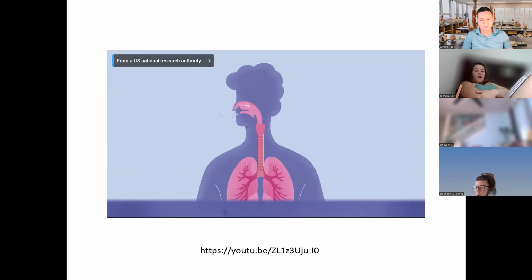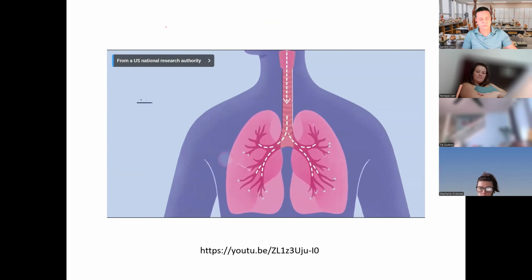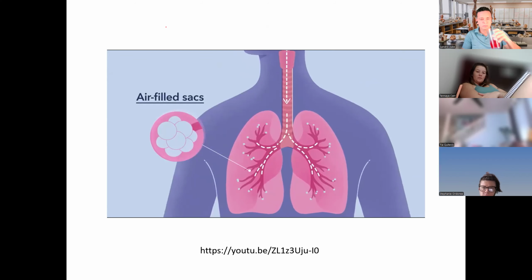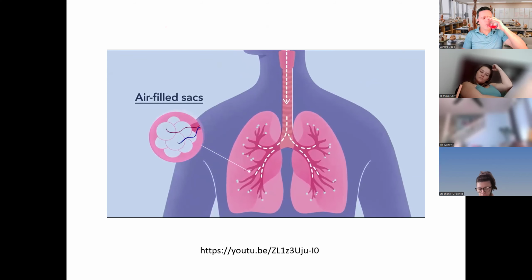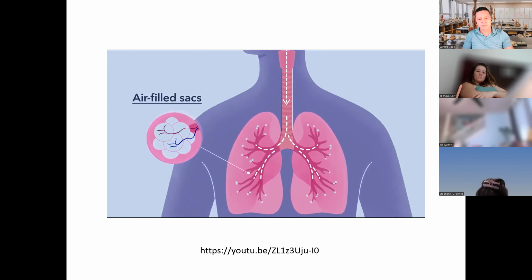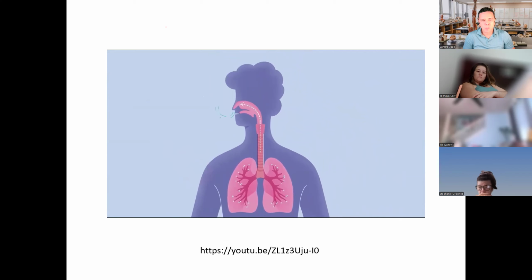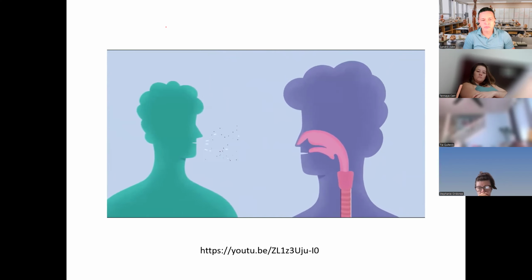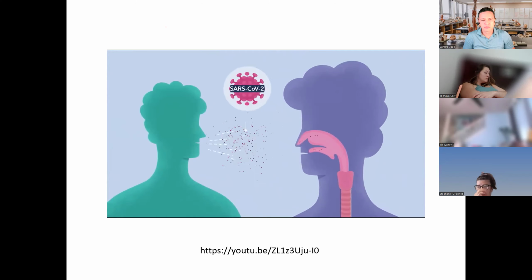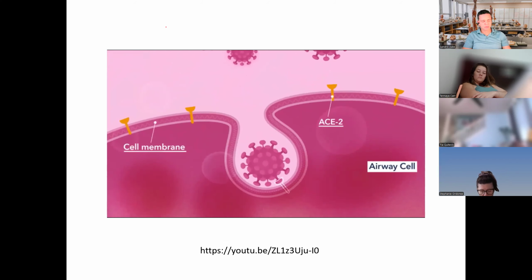When you breathe, air flows in through your mouth and nose and down your airways. Inside your lungs, the airways end in clusters of air-filled sacs. These air sacs are surrounded by tiny blood vessels. Here, oxygen from your lungs passes into your bloodstream to get to tissues throughout your body. Carbon dioxide is breathed out. COVID-19 is a disease caused by a virus called SARS-CoV-2. The virus infects cells along your airways by attaching to ACE2 and other molecules on those cells.